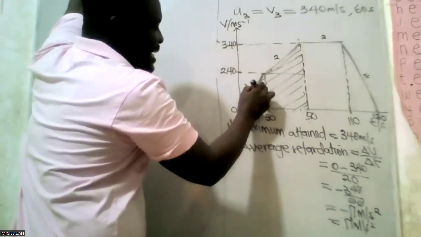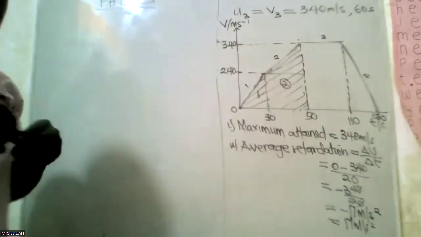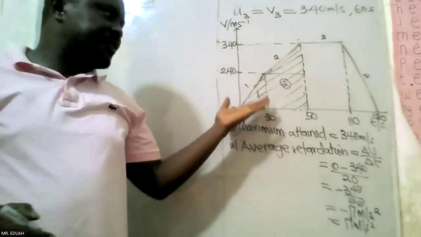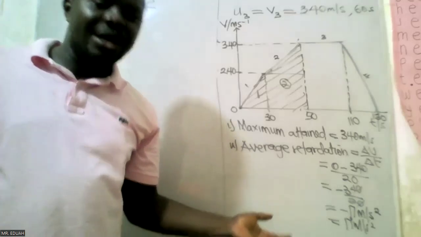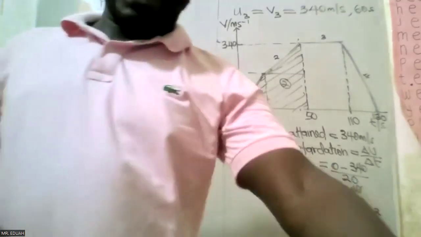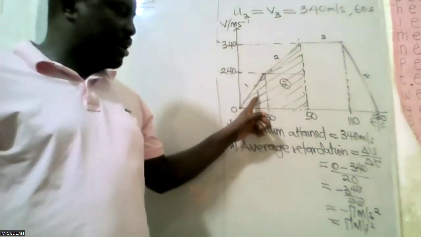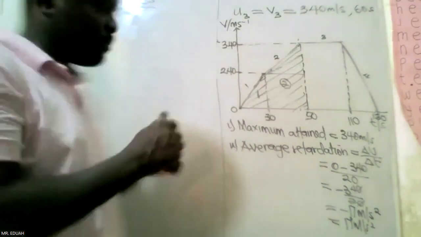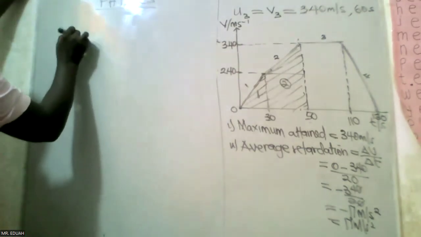Somebody can also see this as 3 different shapes. Whichever way you look at it, the value is the same. It won't change the results. I'm seeing a triangle and then a trapezium. So total distance covered.